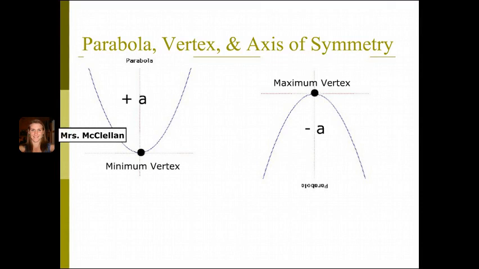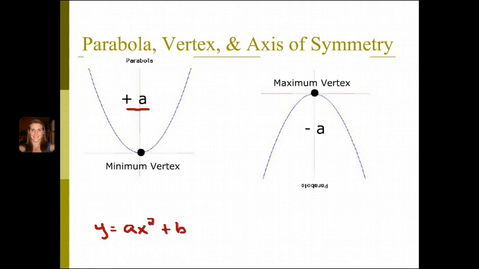So here's another illustration of positive and negative parabolas. The first, as you see, they're telling you that the a is positive. Well, if we think back to this very first slide, the quadratic equation is y equals ax squared plus bx plus c.